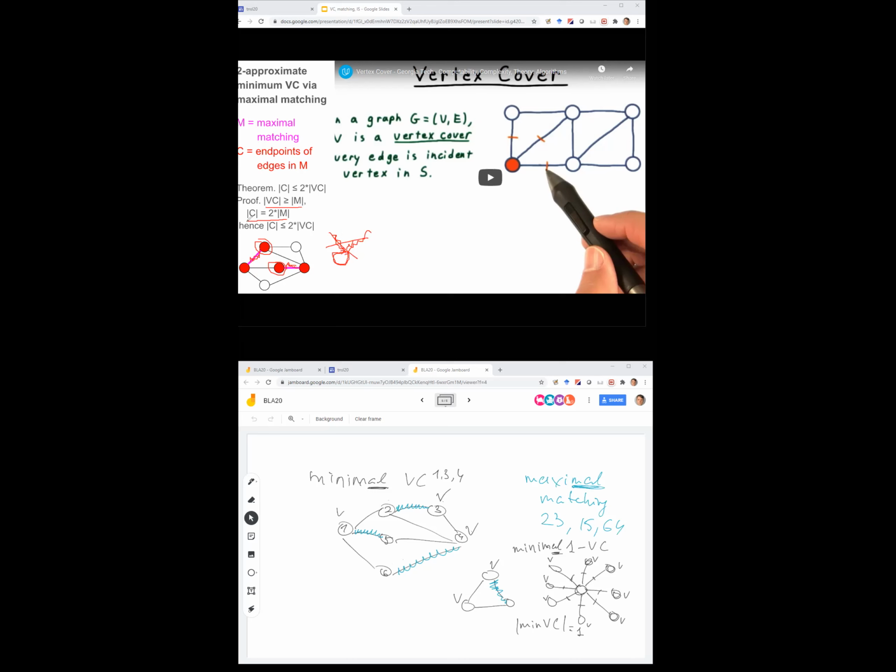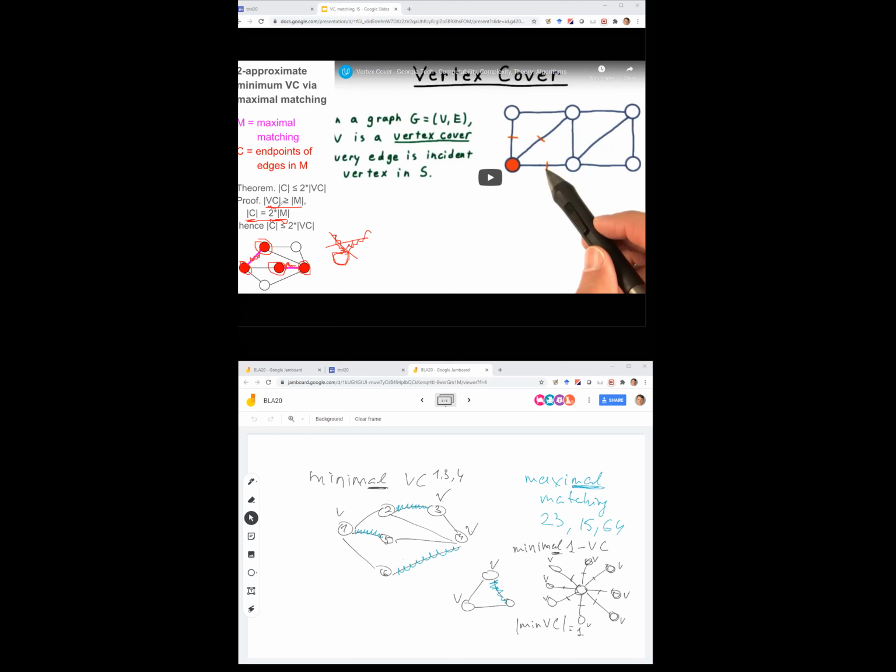So the vertex cover that you are finding has as many vertices as there are edges in the matching times 2, because for every edge in the matching, you take both of its endpoints into the vertex cover. So the size of the vertex cover is equal to 2 times the number of edges in the matching.